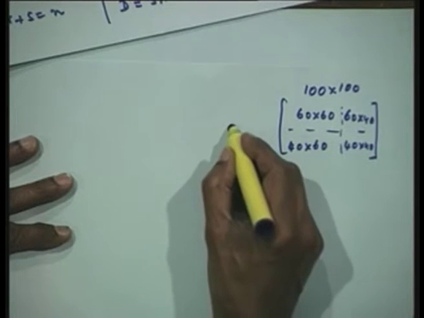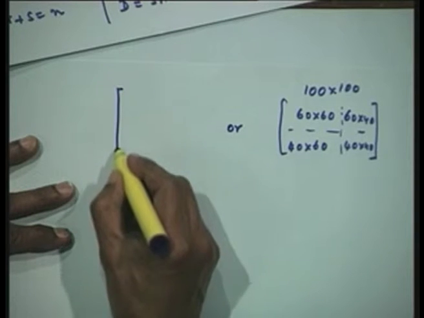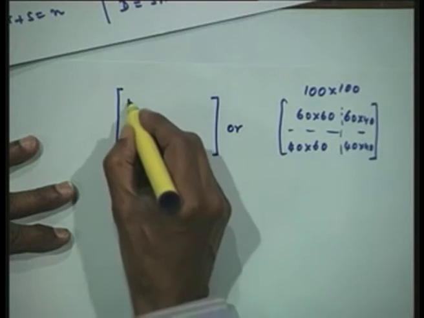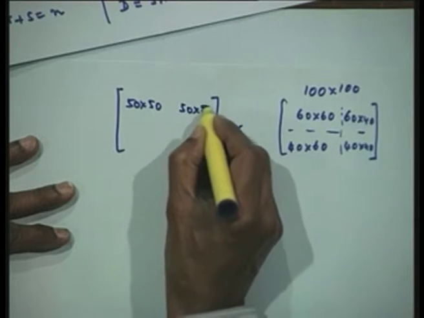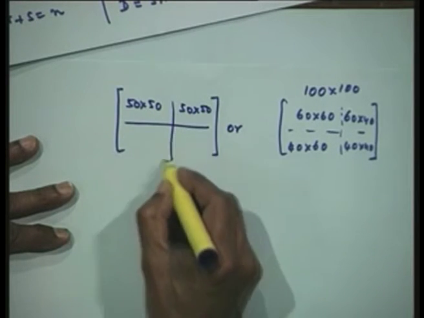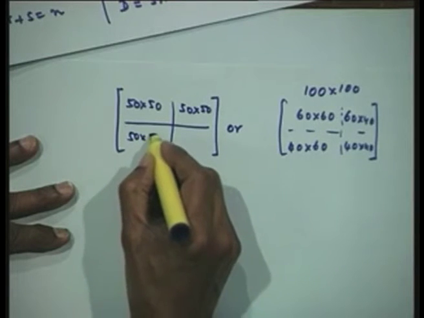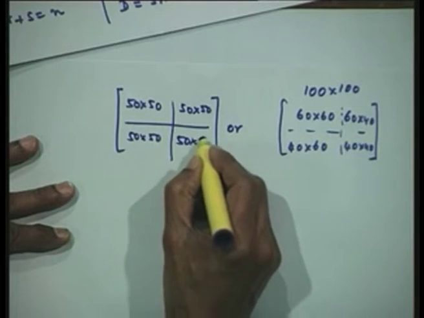Or I could as well decompose it as 50 by 50, all will be square, 50 by 50, 50 by 50, 50 by 50.